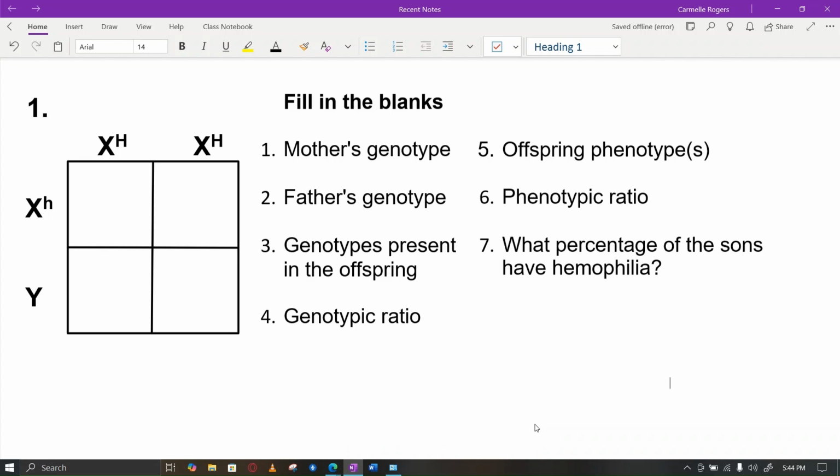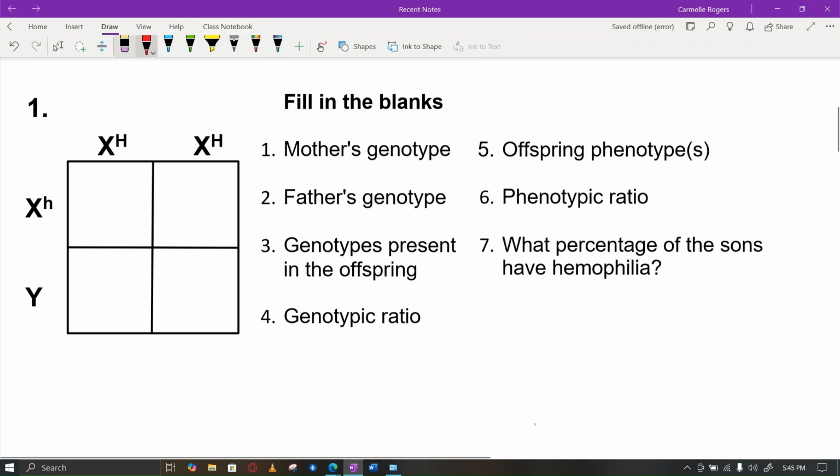So let's talk a little bit about this cross. From the last video, we went over how to set up Punnett squares. And at the top, we have the mother's genotype, which is XX, and the X's would represent the sex chromosomes. From the previous video, you probably remember that we have 22 pairs of autosomes and then one set of sex chromosomes.